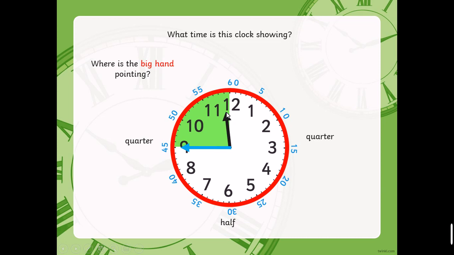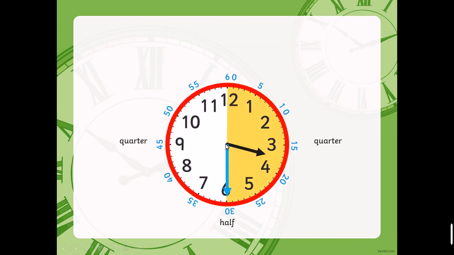Let's have a look here. So as you can see, we've got our big hand here that has travelled half the way around the clock, which means that 30 minutes of the hour have passed. And if you look at the hour hand that tells us where we are within our hour, that's halfway between the 3 and the 4.